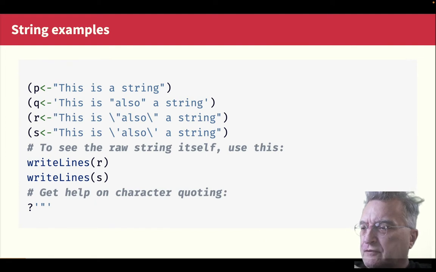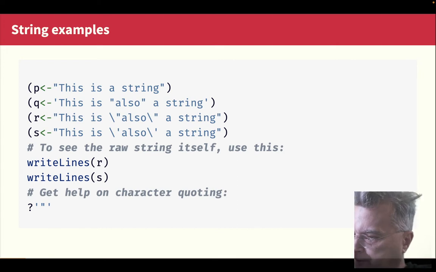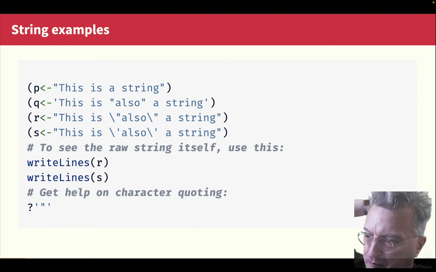In any event, here are some examples of strings. In R, they're called character vectors. And you can see that we can use quote marks or apostrophes to delimit a string, and we can escape both quote marks and apostrophes. So PQRS shows all different possible examples.